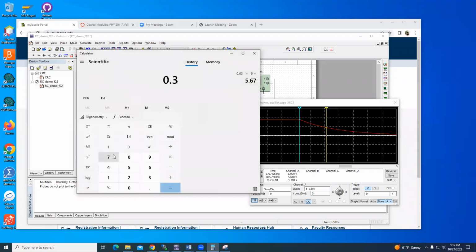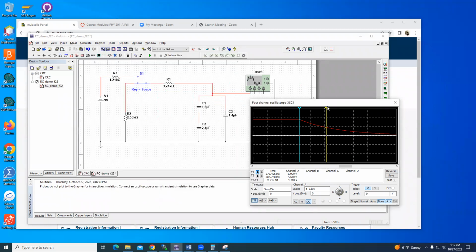So 0.37 times 9 is 3.33. So I want this to be 3.33. I'm dragging, 3.6, 3. I want to get close to 3.33. There we go. Okay.